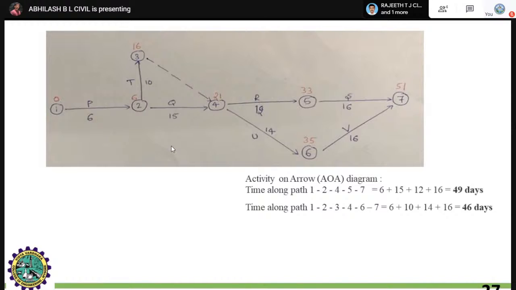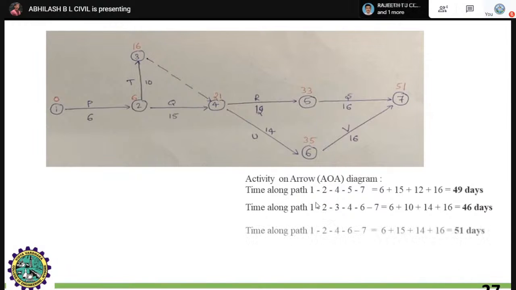Next is time along the path 1 2 3 4, again going down to 6 and 7. This is the path they have considered in a zigzag manner, that is 6 plus 10 plus 14 plus 16. That gives 46 days for this project.